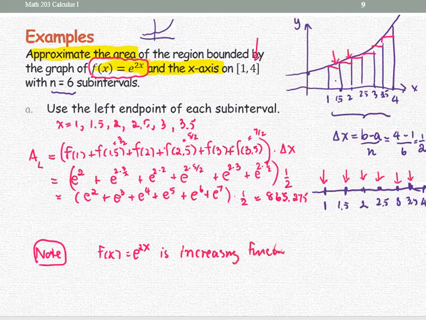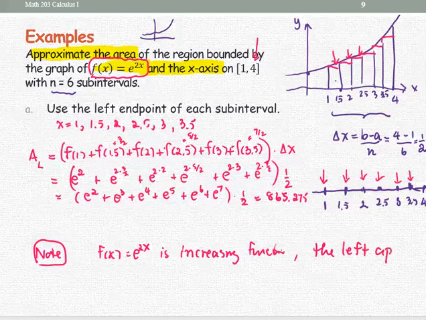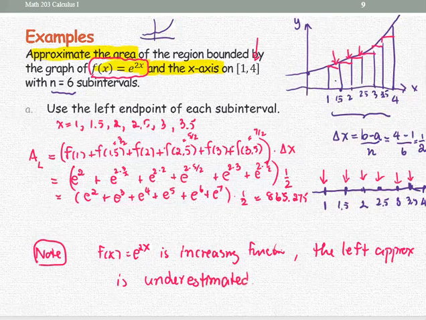And note this, that means if we use the left endpoint or the left approximation, it is an underapproximation or underestimate, because you are losing all the time.